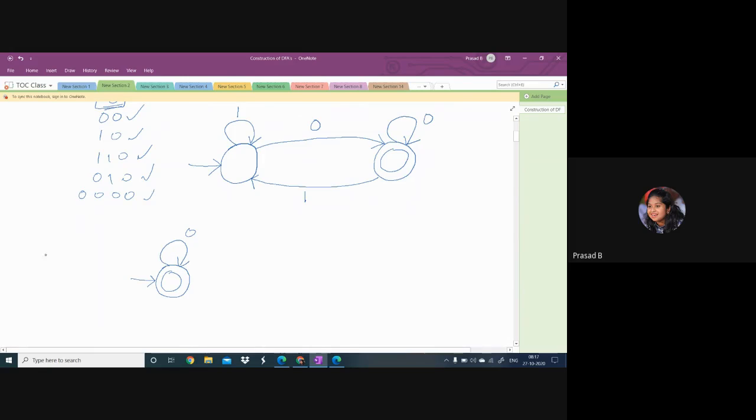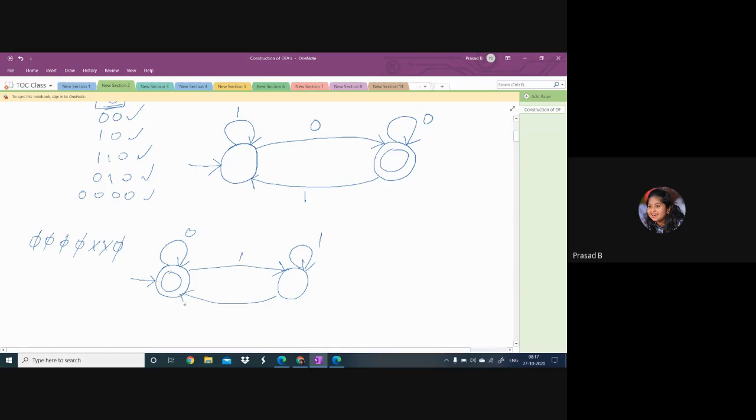As long as 0, this one 0 final, again 0 final, again 0 final. As long as 0 comes, it will accept. And if ending with 1, we are going to non-final. Ending with 1, non-final, again 1, non-final. And if suppose 0, then final.